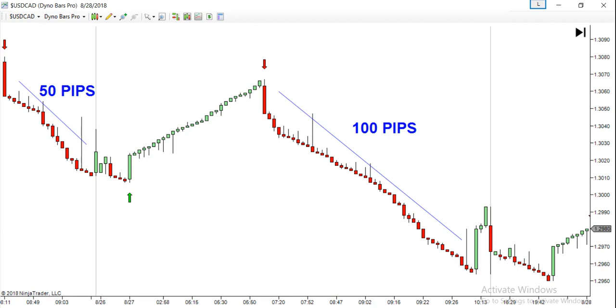This is one example of what I'm pretty sure could be hundreds of examples of phenomenal, fantastic, heavily trending pairs where, if you can spot the trends, whether you use my Dino Bars filter or any other trend filter, you're just simply going to make a boatload of money in Forex.